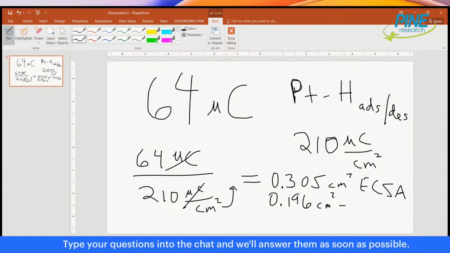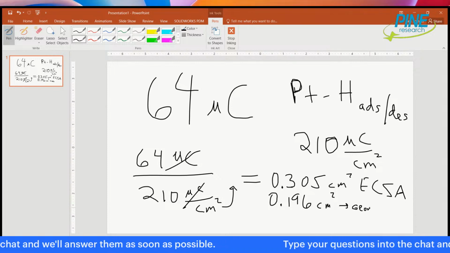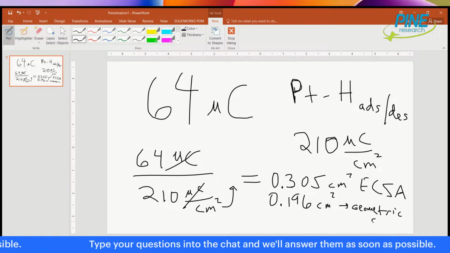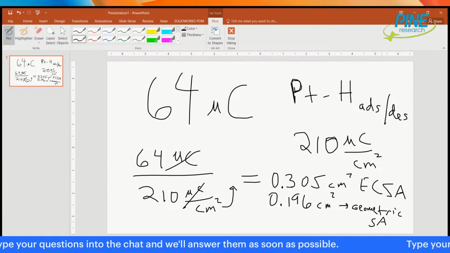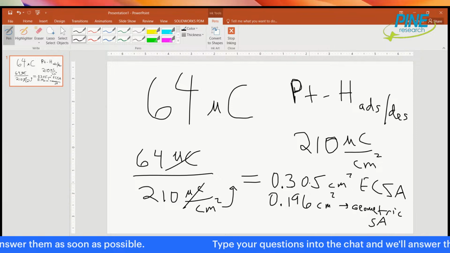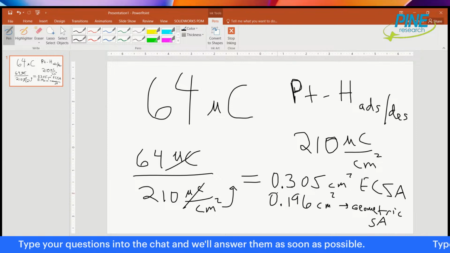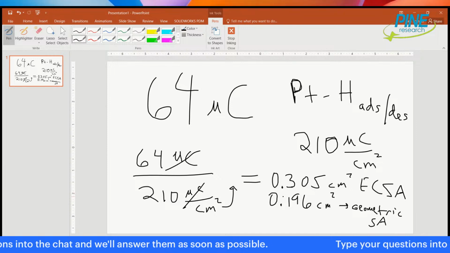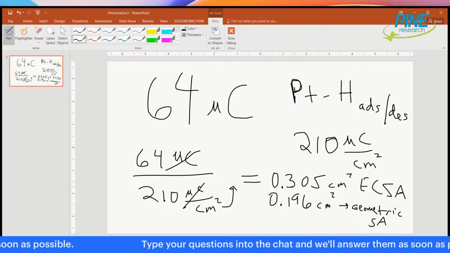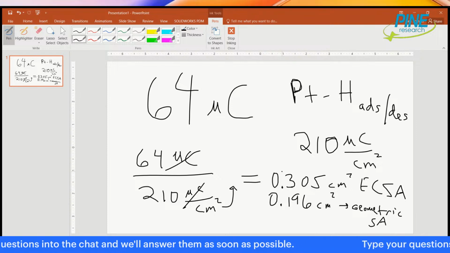So the sort of analysis that you're doing when you're getting your ECSA is, sometimes people will do a ratio, like you divide 0.305, so it's like 1.7, some factor, like roughness, or active groups make the ECSA higher than the geometric area because you've made a film of platinum on carbon that's really good.